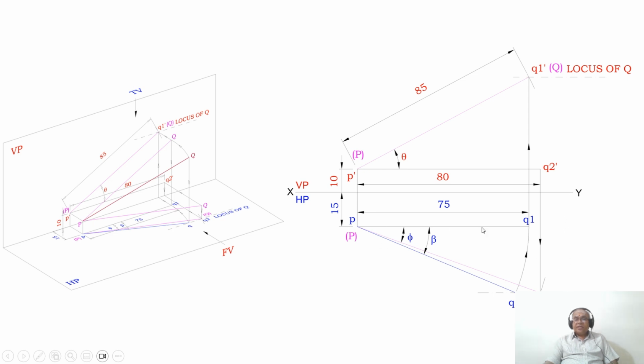So with P as center, taking the radius of PQ1, you draw an arc using the compass, which cuts the locus of Q in the top view. Mark this point as Q and join P to Q with a dark line, which is 0.5 by default when you are doing it in the computer. But when you are doing it manually, it should be the thickest line in the drawing. So one should do that. This is how I find the apparent inclination with respect to VP.